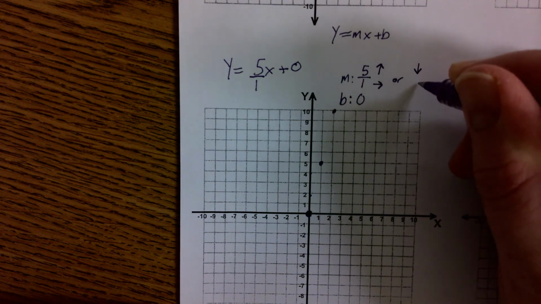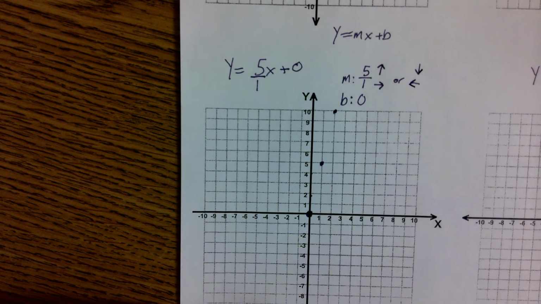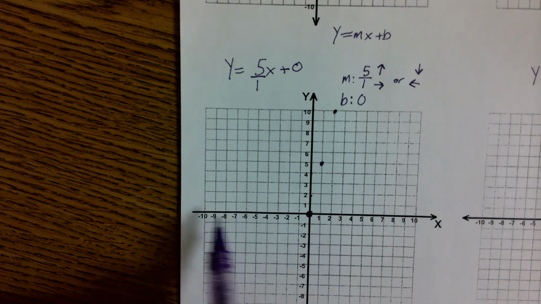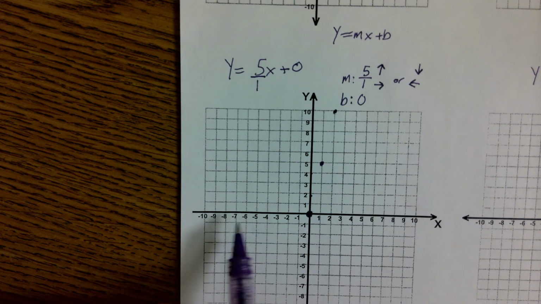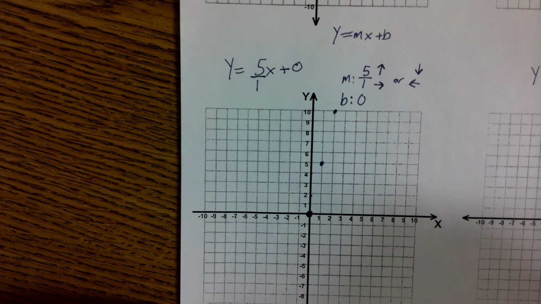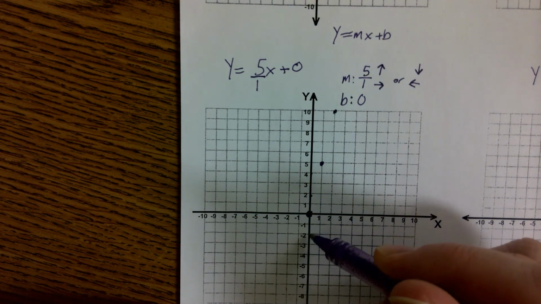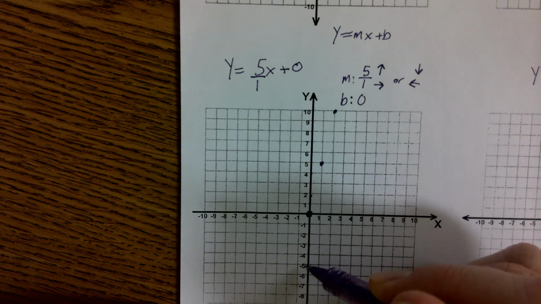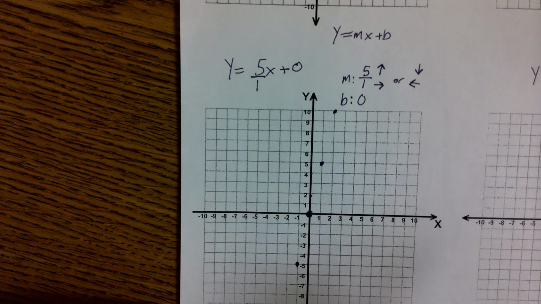I could go down and to the left. And the reason that can happen is because negative on the y-axis is down, negative on the x-axis is left, so a negative with a negative gives us a positive. And I would only want to do this if I run out of room and I need to get another dot. So I can go down 3, 4, 5, down 5, and to the left 1, and that looks like it is going to follow the same line as the others.